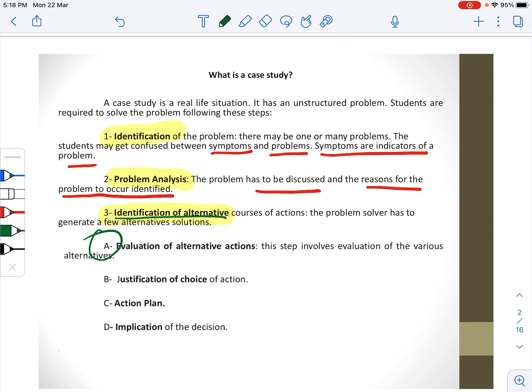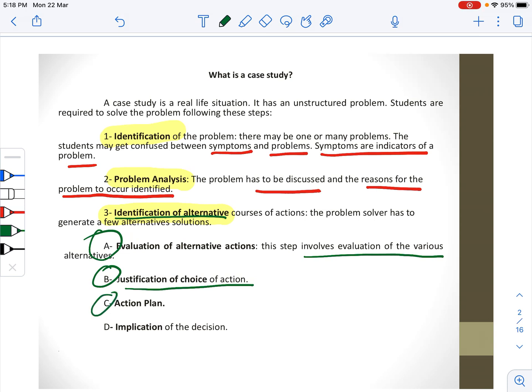You just list down the possible alternative actions. Then B is you justify your choice of action. After you put 3 or 4 or 5 possible solutions to the problem, you take the best one, and then you justify why you choose this as the best solution or action for this case study problem.